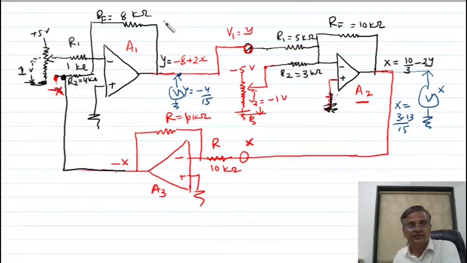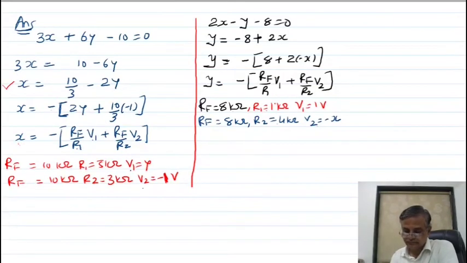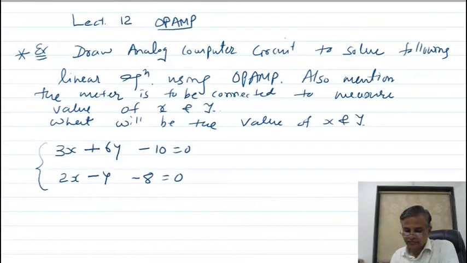Understand? This is the completion. Last time I am telling you the way. With these two equations you have to find the value of X and Y using the op-amp. So what we did was like this.